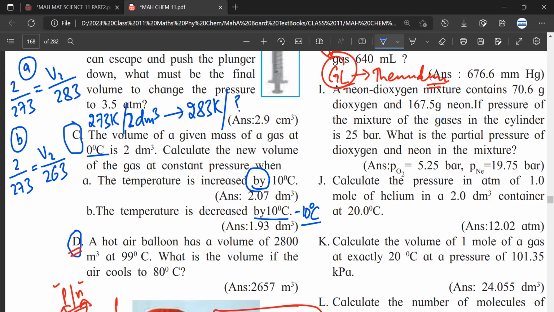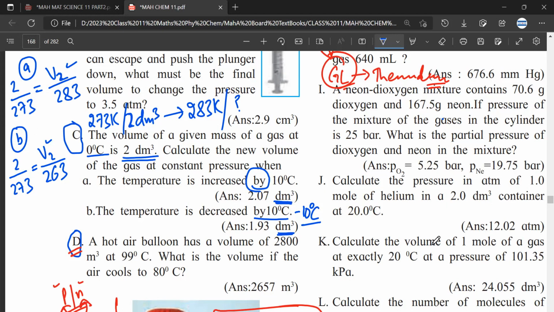Yes, sir. When I solve for V2, of course, because on the left hand side my volume is in decimeter cube, when I solve for V2 in part 1 and V2 in part 2, I will get my volume in decimeter cube. Are we clear? Yes. Did you get the right answer?